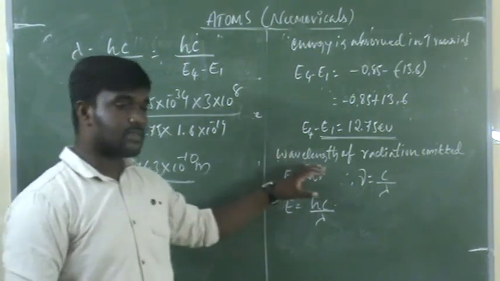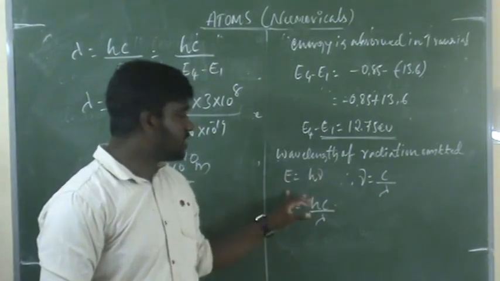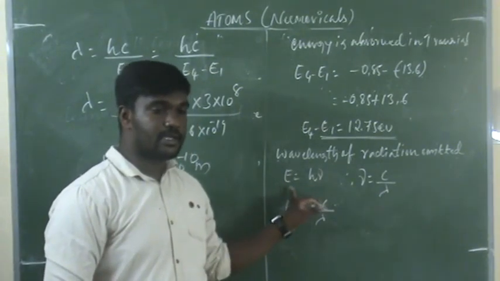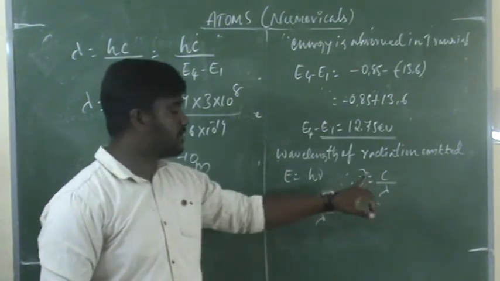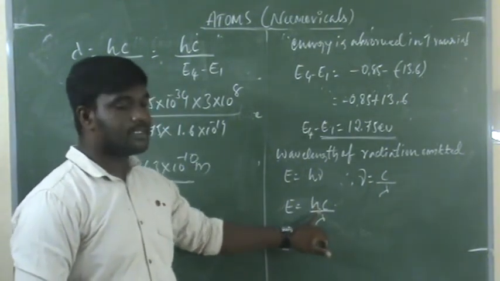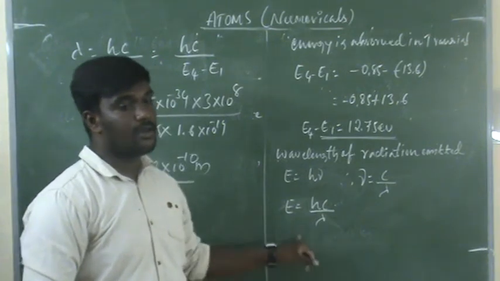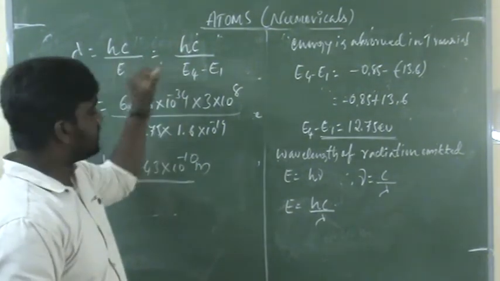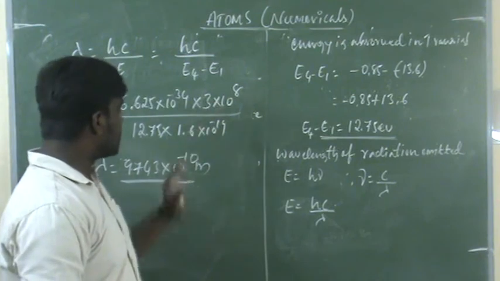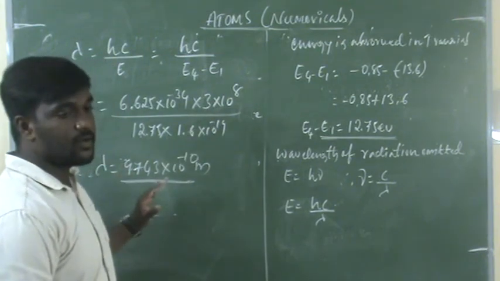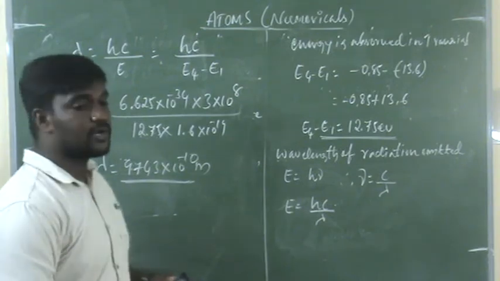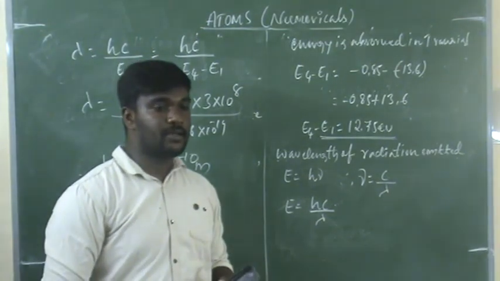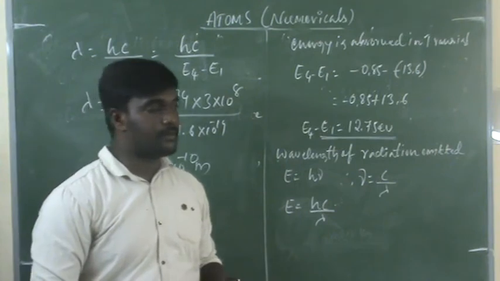How did we calculate the wavelength? This is the energy of a photon, E equals h nu. Nu is nothing but c by lambda. So substitute that, E equals hc by lambda, where lambda equals hc by E. Finally we got the wavelength lambda equals 9743 into 10 to the power of minus 10 meters. Clear?